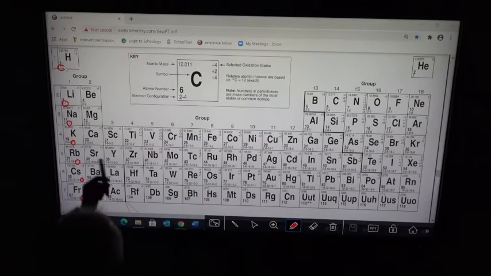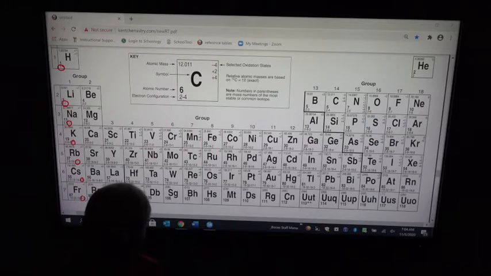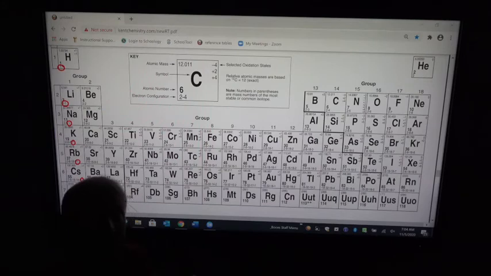Now, as we go down any group, it goes period 1, 2, 3, 4, 5, 6, 7. That's the same thing as an energy level or a shell. So every time we go down one element, we gain a shell of electrons.